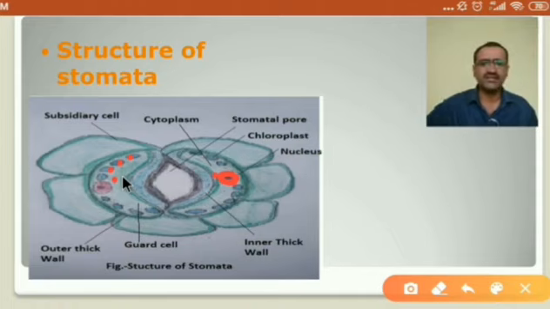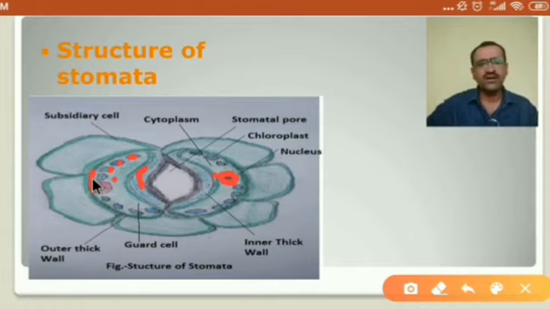In the guard cell protoplasm is also there. Now let us see the inner wall of the guard cell. Here in the stomata, this is the inner wall, and this is the outer wall. The inner wall of the guard cell is thicker and non-elastic, which means it is somewhat rigid, and the outer wall is elastic.